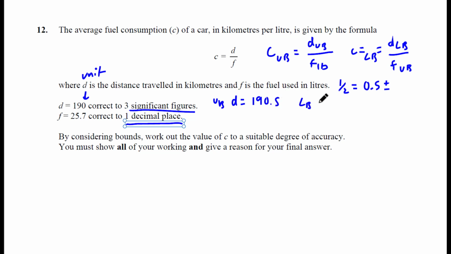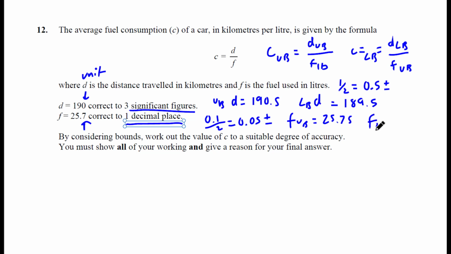The lower bound of D, 189.5. 1 decimal place, 0.1 divided by 2 is going to be 0.05, plus or minus that from F to get F upper bound. So F upper bound 25.75 and F lower bound 25.65.